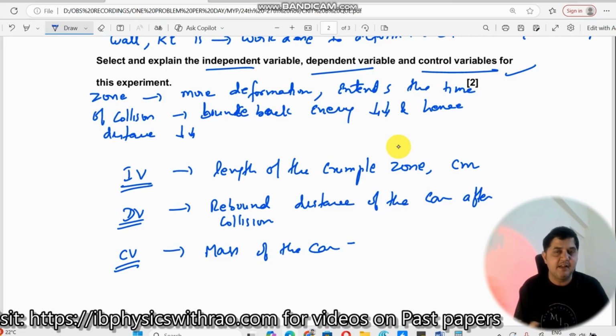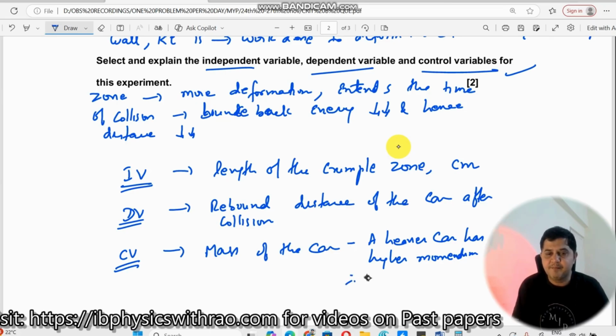So see to it that the momentum is kept constant, so mass of the car should be kept constant. If you want, you can write here: a heavier car has higher momentum. Therefore, the cardboard body and the wheels should be the same. That is one of the variables.